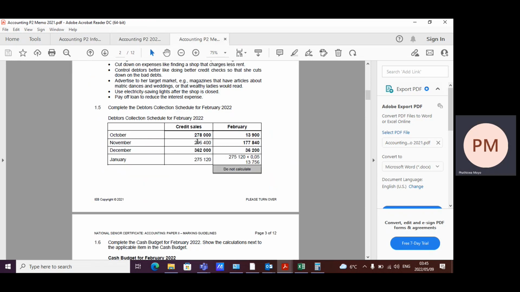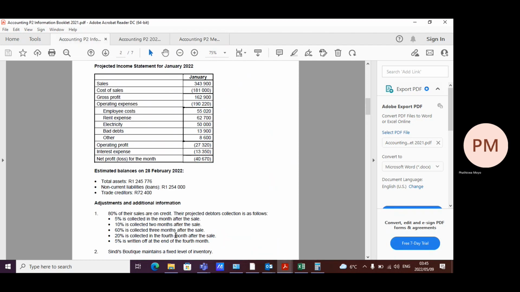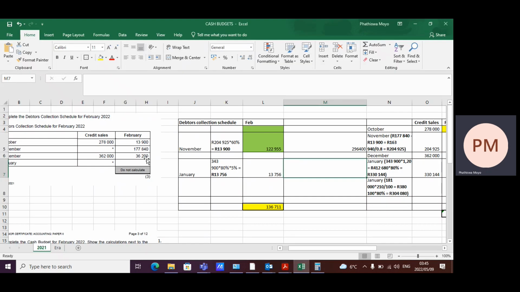Or 5% you said collected November, 10% collected December. I think 60%, not 10. Yeah, 10% collected November, 60% collected January, 20% collected in February. Now, the issue here is we are given the collections for November, which will be including different months.